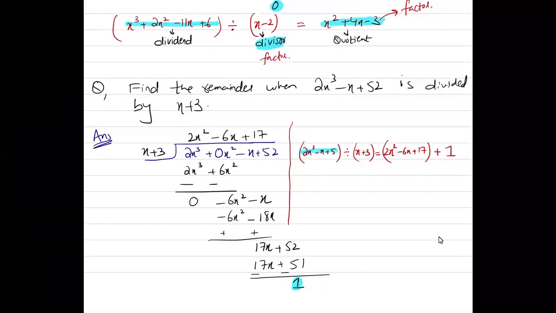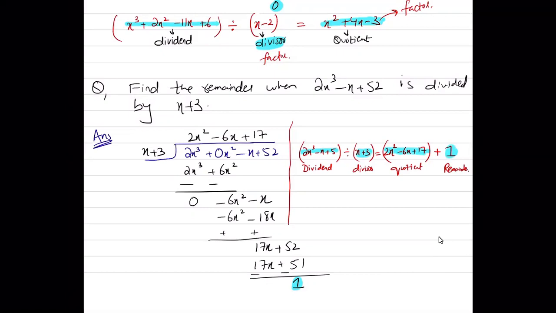So again, I'm going to call this my dividend. X plus 3 is going to be called divisor. This is going to be called quotient, and this is going to be called remainder.